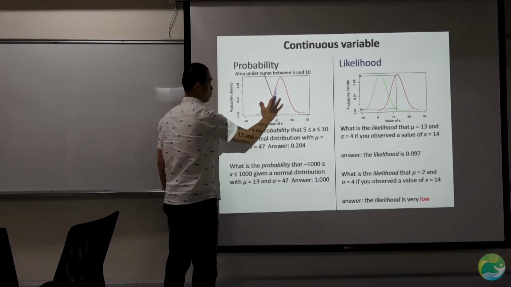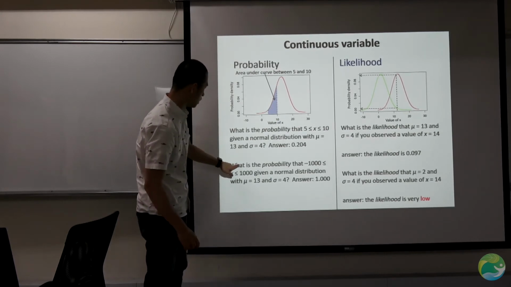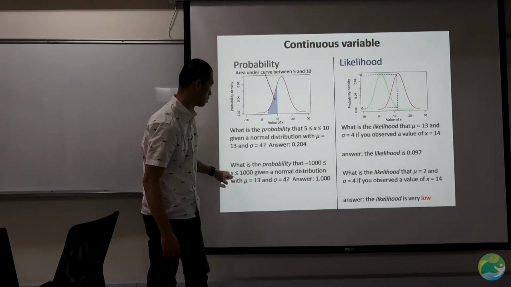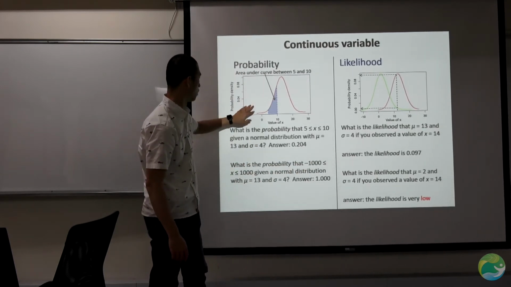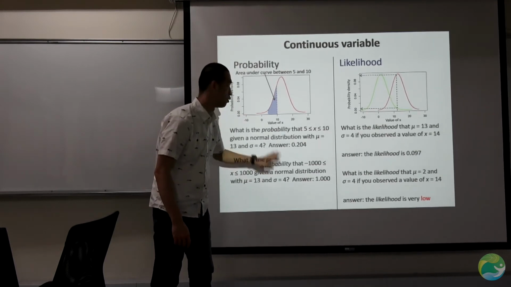What is the probability that the value of x is within this range for a normal distribution?